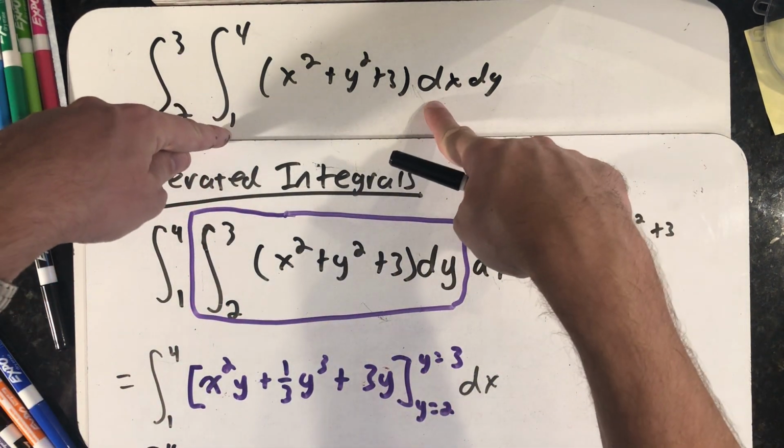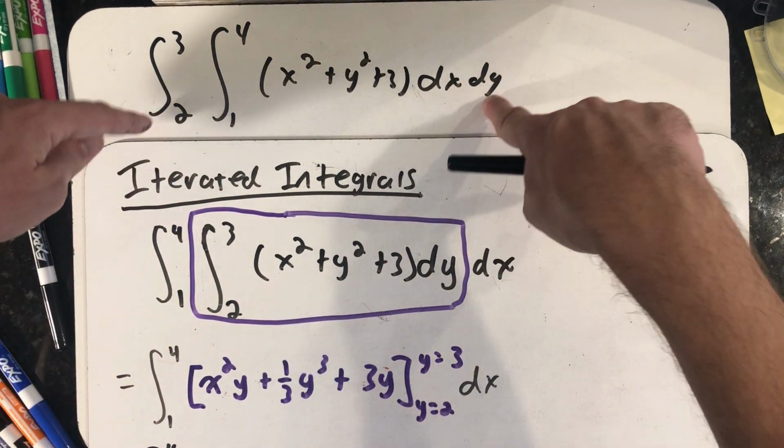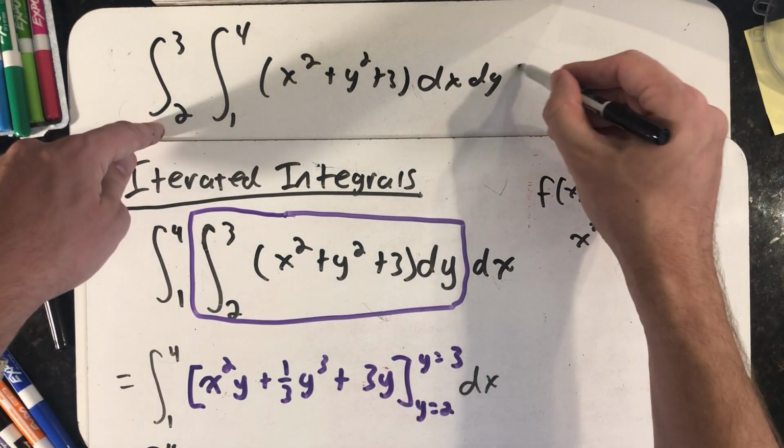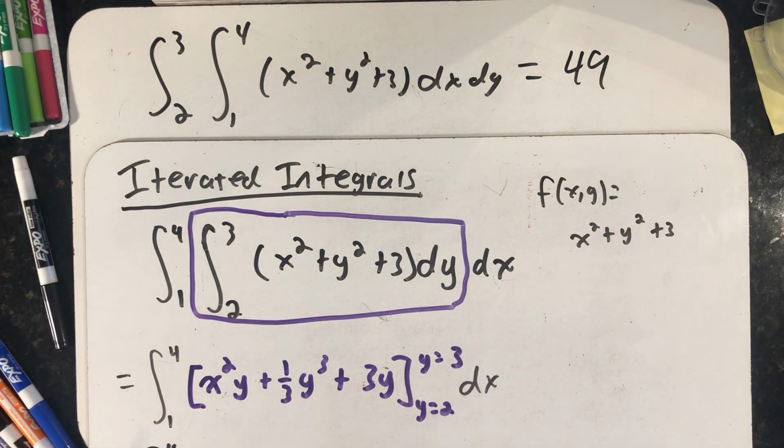Now, I'm integrating with respect to x first, and the x bounds go with the dx, and the y bounds go with the dy. I claim if you do this process again, you should still get 49. I'm going to leave that as something for you to try. Do the integration again, but with the order of integration reversed, and you're going to get the same volume.